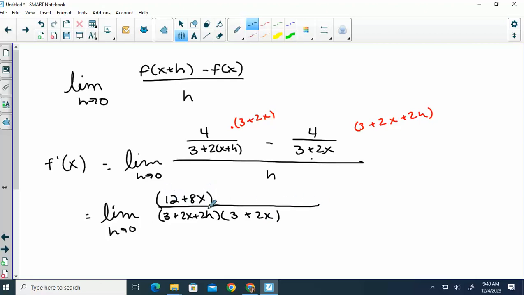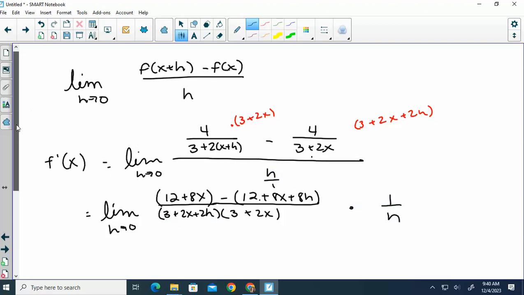So this would be the first one minus the second one. Okay, this was all over h, so we rewrote that as 1 over that times 1 over h.